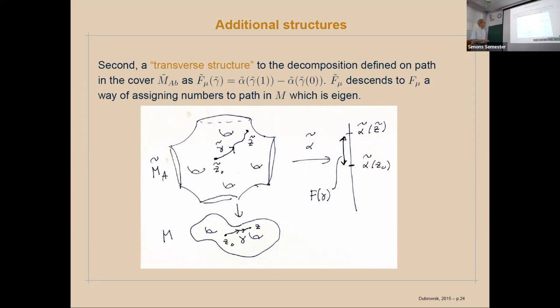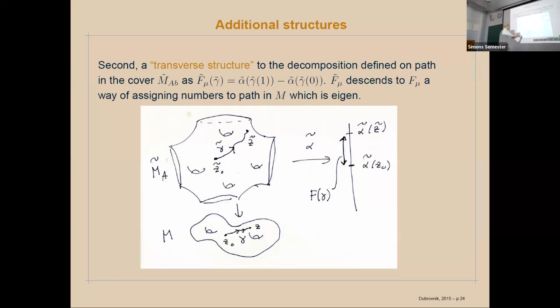Because of the way this has all worked with cohomology and equivariance, it descends, in fact, to a way, and I'll talk more about this, of assigning numbers to arcs. Also, if you go a different way there, you're in the universal cover, so you're homologous down here. So you're getting a way to define a number associated with an arc that's homology invariant.